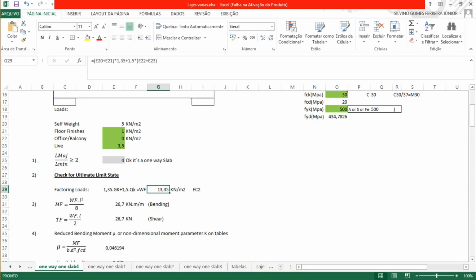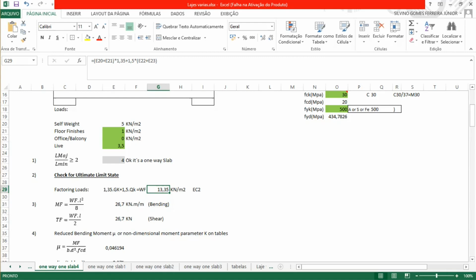When we take the self weight of the slab per meter, the floor finish on the permanent load multiplied by 1.35, plus 1.5 multiplied by 3.5 live load, we get 13.35 kilonewtons per square meter.